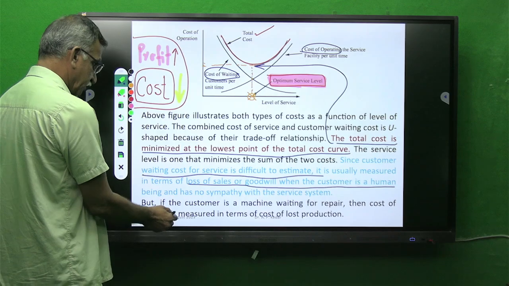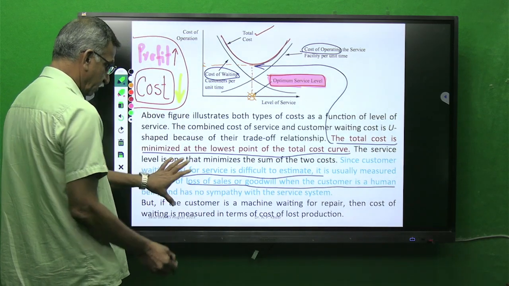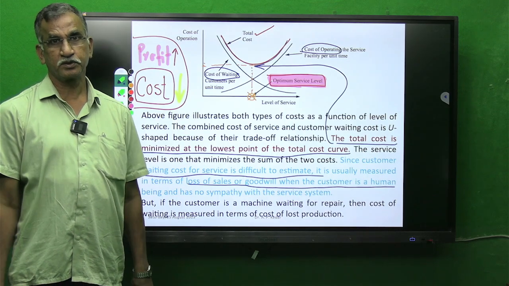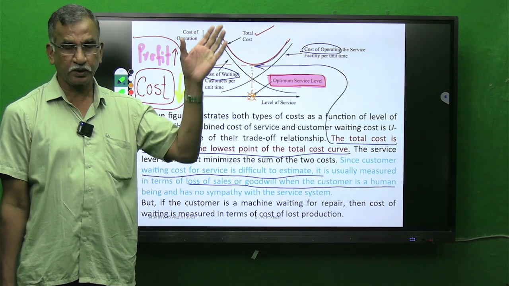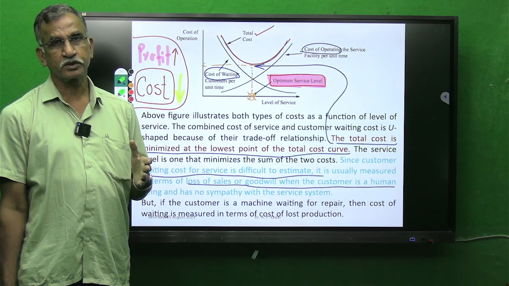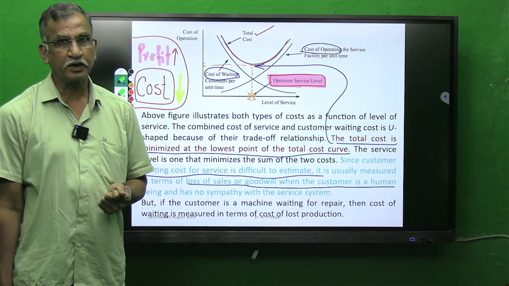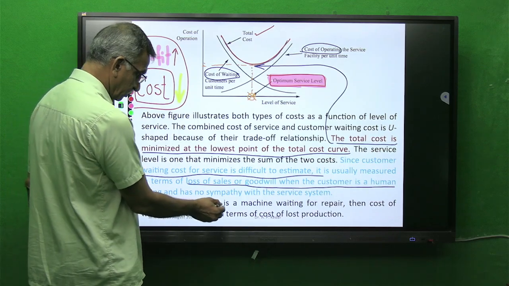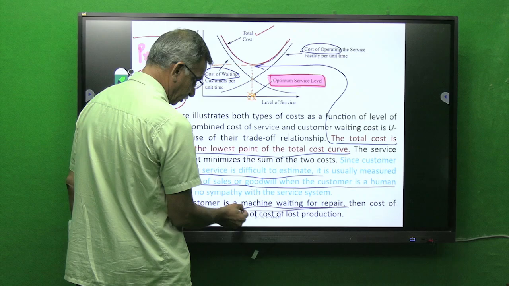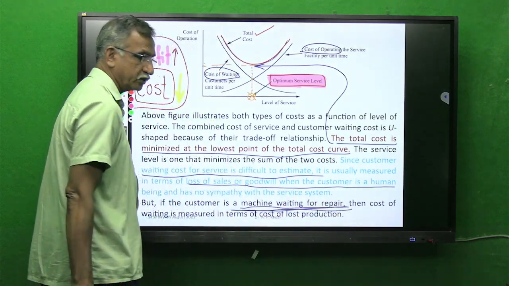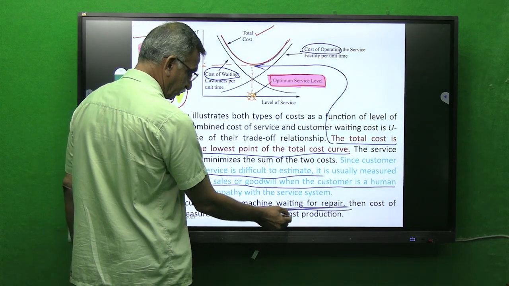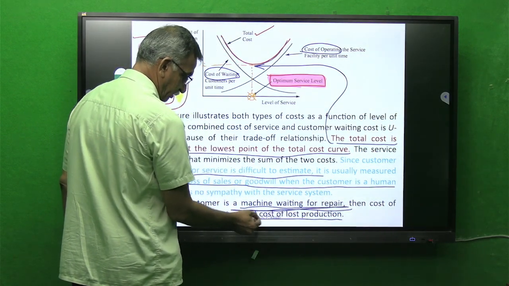Now here two aspects that we have seen: one is the human being and the other is the physical entity, and in that I have quoted as examples of a physical entity material waiting to be processed or machines waiting for maintenance. So if the customer is a machine waiting for repair, that is for maintenance, then the cost of waiting is measured in terms of cost of loss of production.